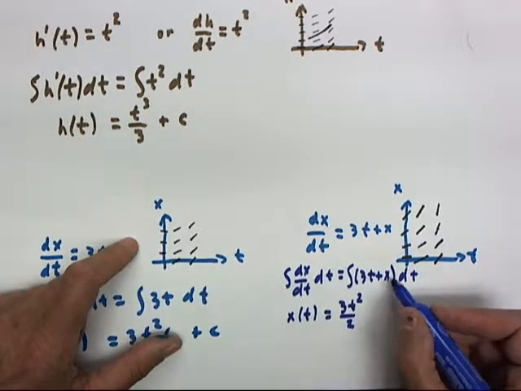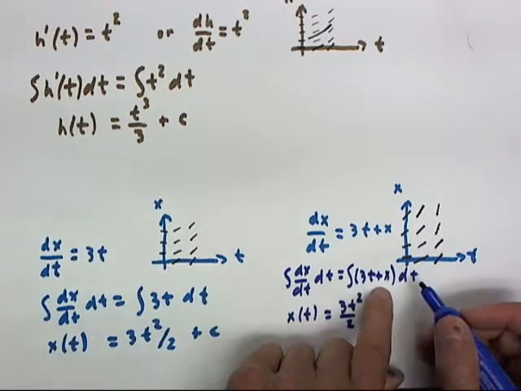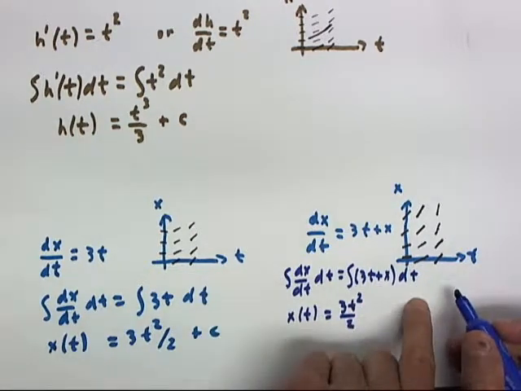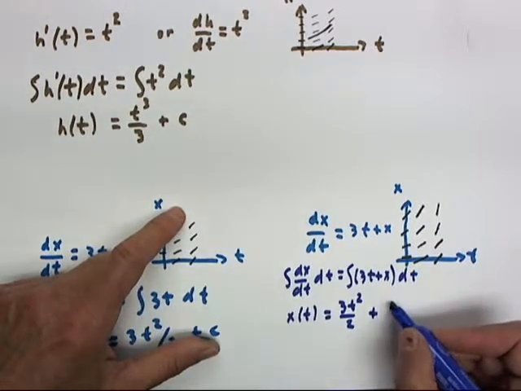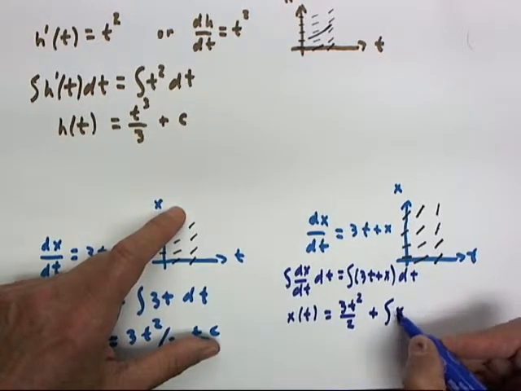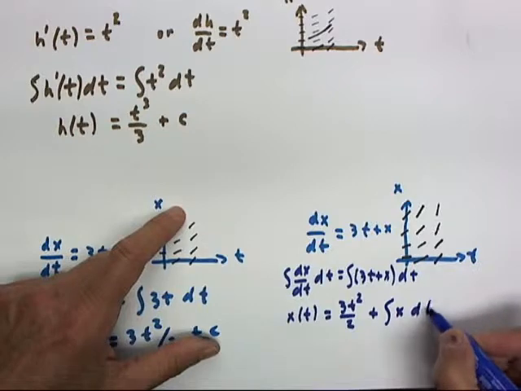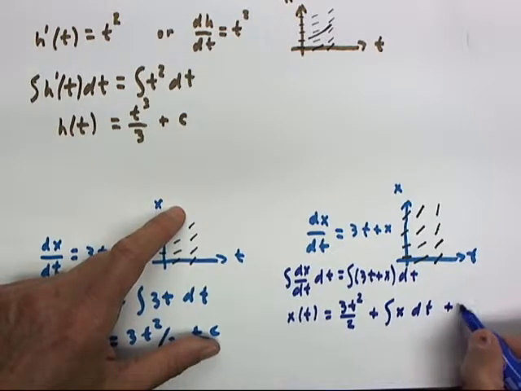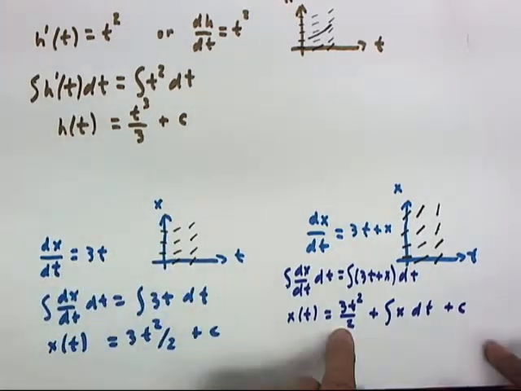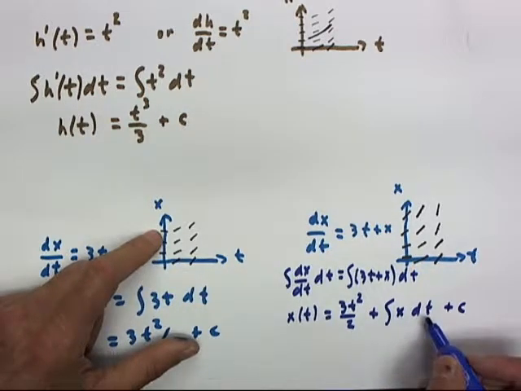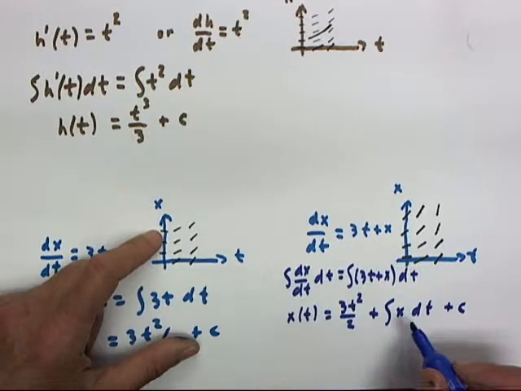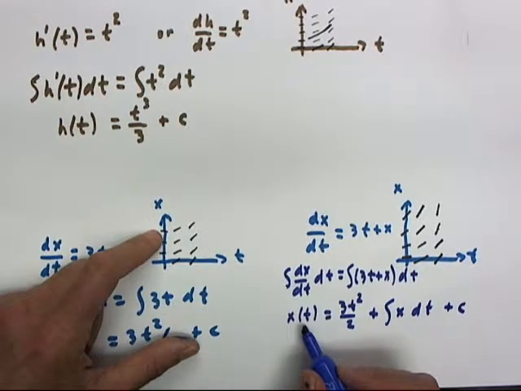But how do we integrate x with respect to t when x is itself some function of t and we don't know what that function is? Well, there's no way we can directly integrate that, so we just have to write this as the integral of x dt, and we can put our integration constant in at this point if we wish. But we have no way of finding an antiderivative of the x of t function, which is what we're trying to find.